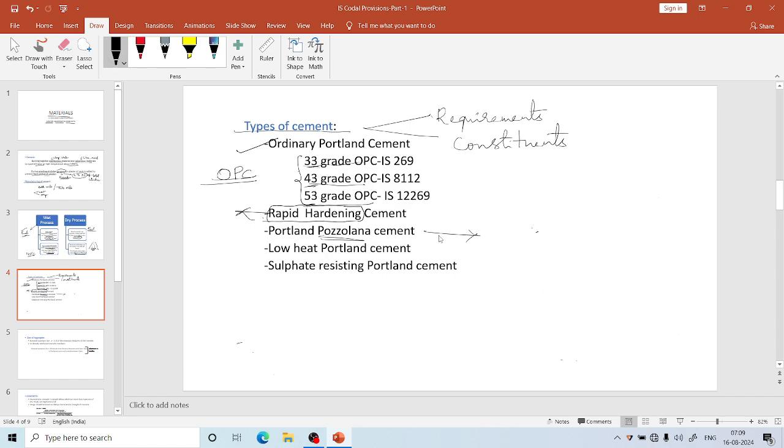And then we have low heat Portland cement. What is low heat Portland cement? It is where the heat of hydration is low, and when the heat of hydration is low, we have slow gain of strength.